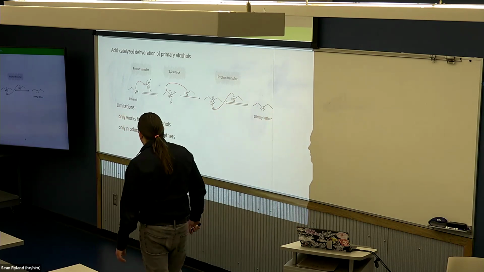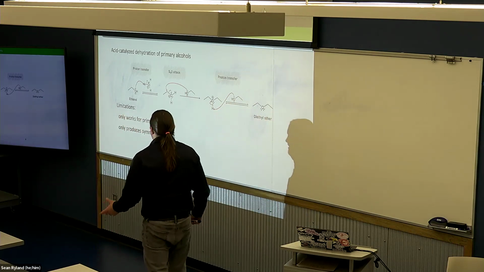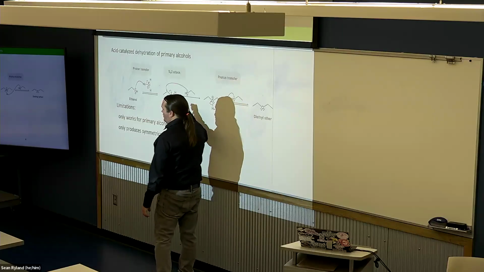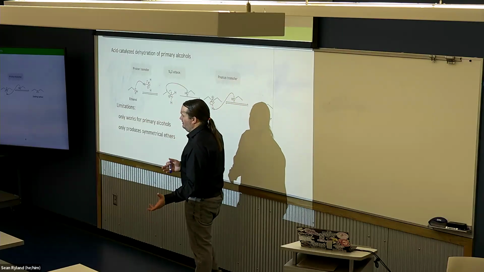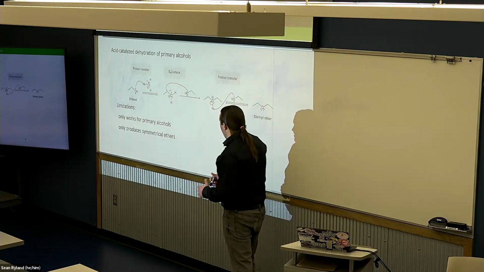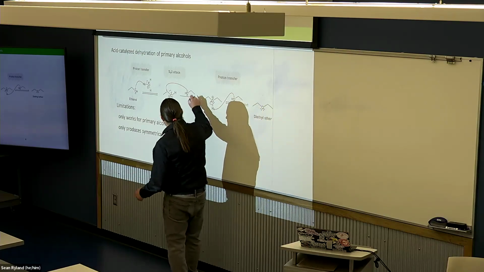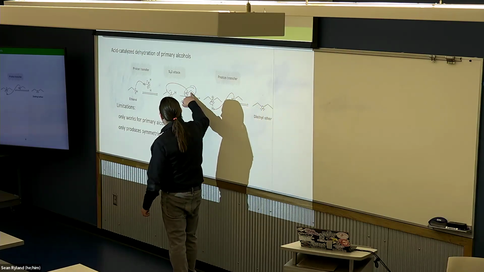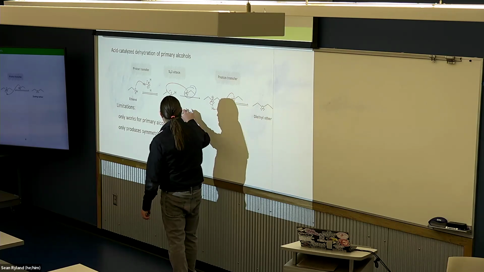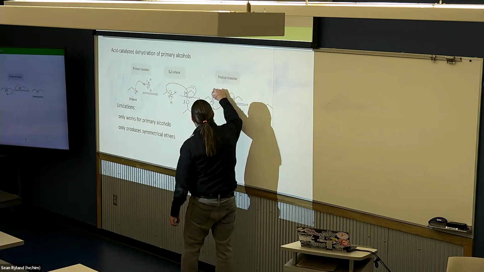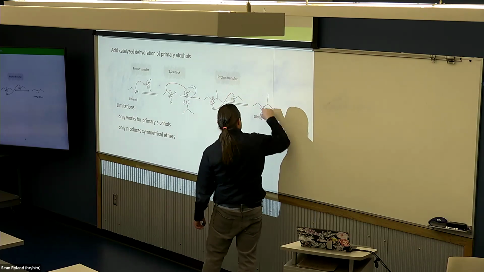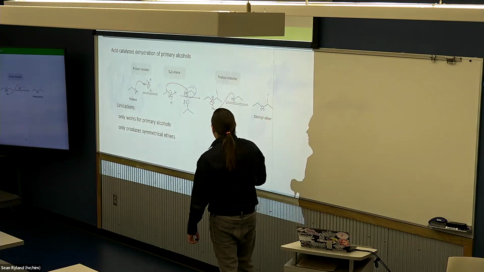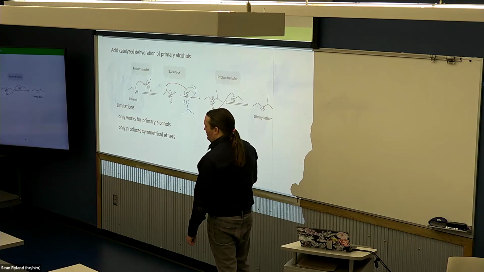If you try to do this with a different alcohol, you'd wind up with a whole bunch of different products. If we tried to, instead of this being ethanol, if we made this isopropanol, we could make this a different ether, but then we'd also get the diisopropyl ether.